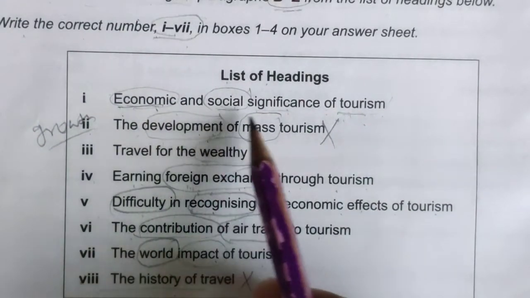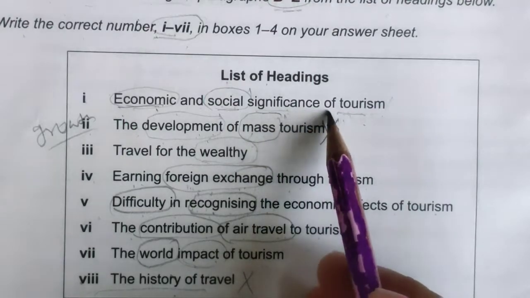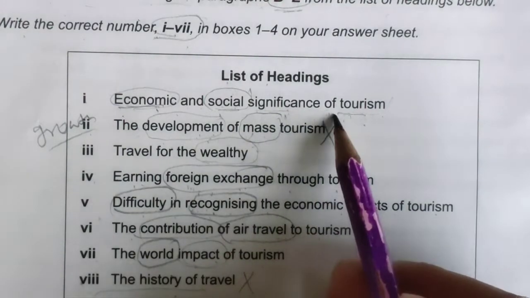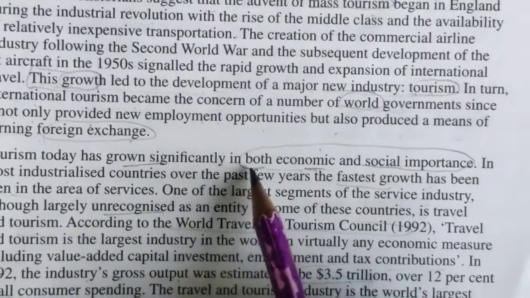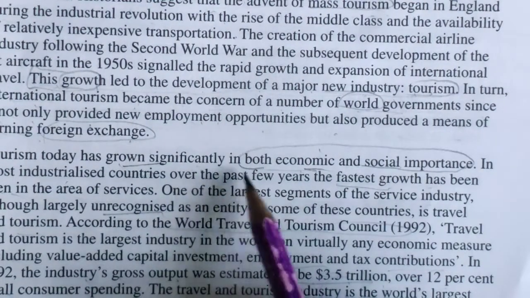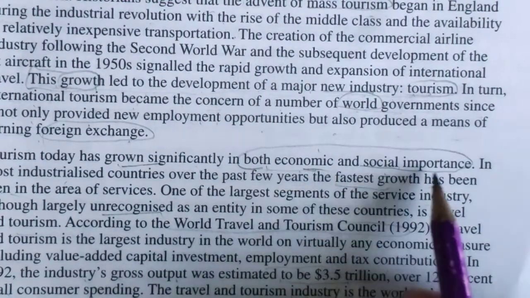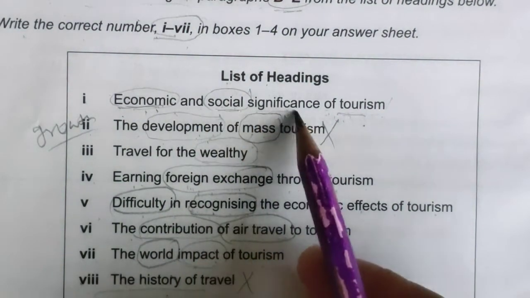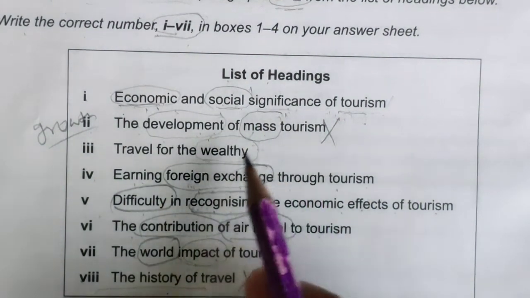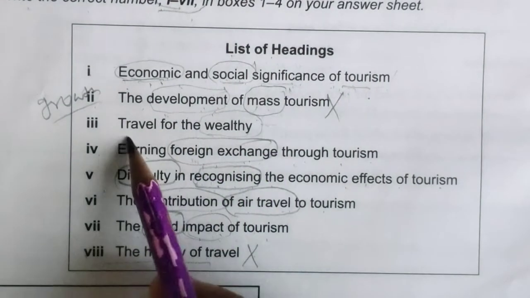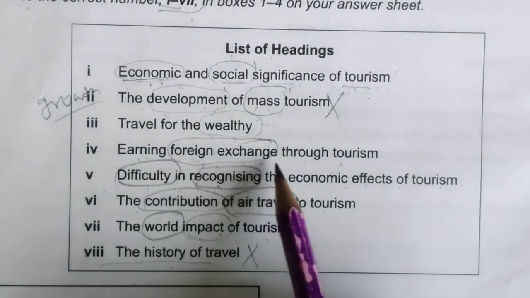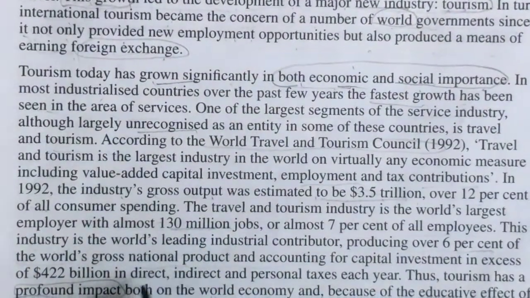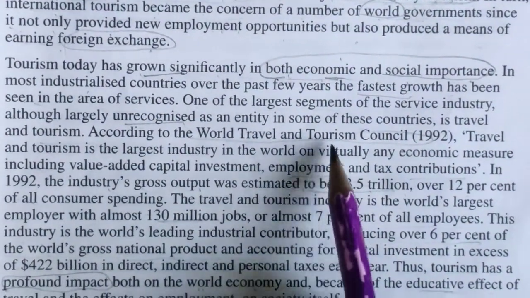Okay, economic and social significance of tourism. Yes, I think this should be the perfect one. Has grown significantly in both social and economic importance. So everything is matching, economic and social. Still, let's read the other options also. Okay, travel for the wealthy, earning foreign exchange through tourism.